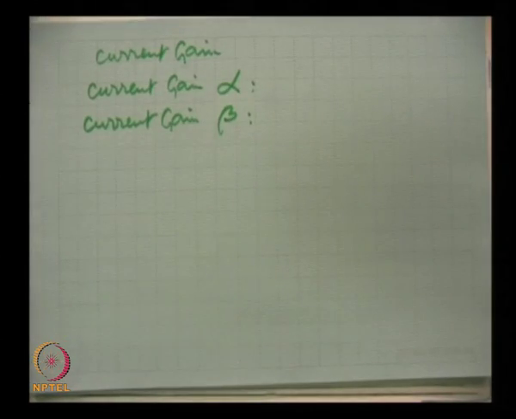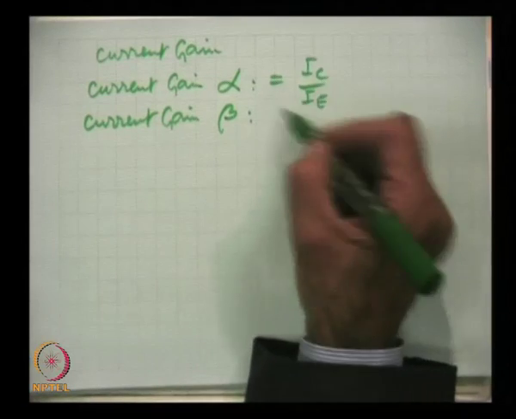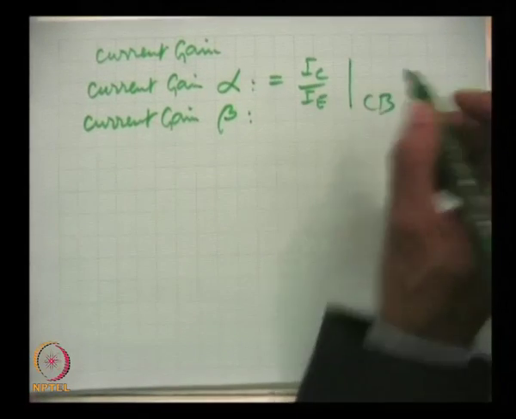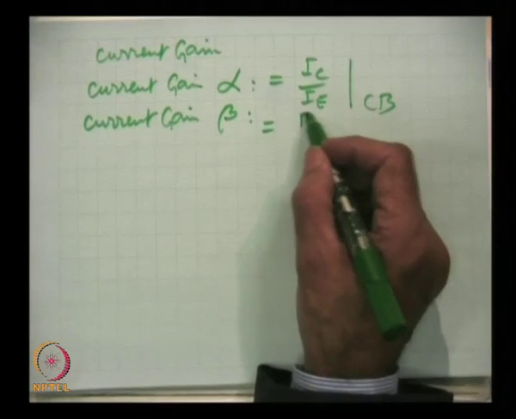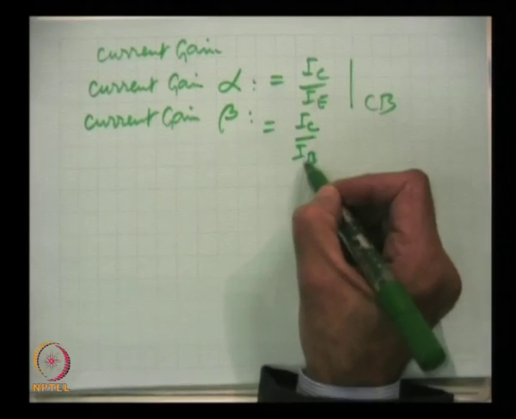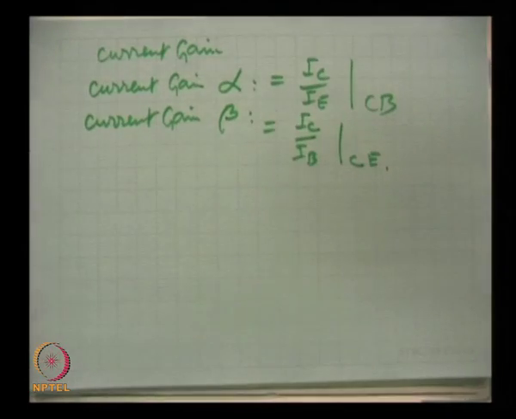Actually, alpha is for CB circuit, where it will define the ratio of output to input. The fundamental definition of gain is output to the input. If we talk of current gain, then output current to the input current. In this case, it is IC over IE, which happens in the CB circuit, where input is the emitter current, output is collector current. And IC over IB happens in CE circuit, and we will talk about these current gains.